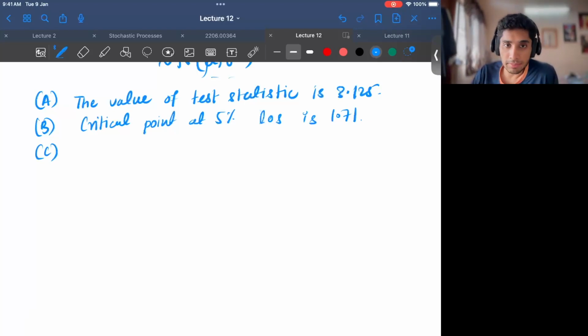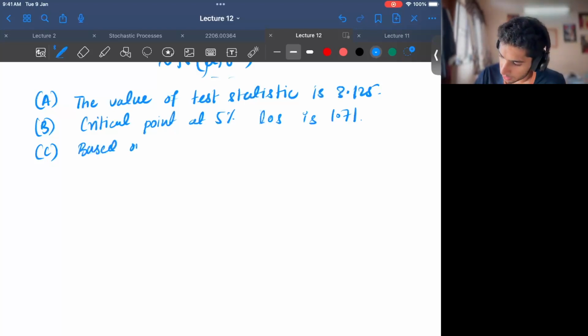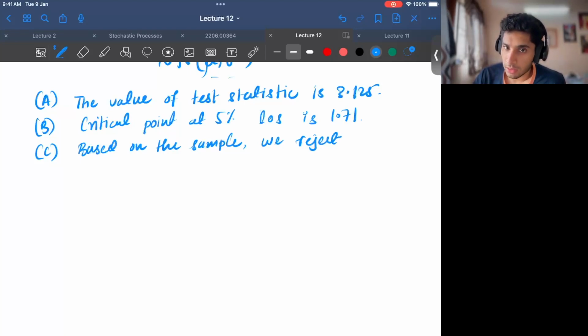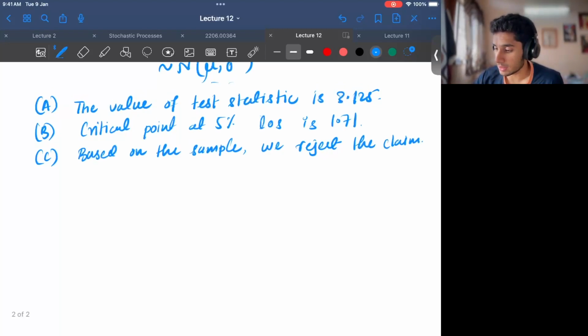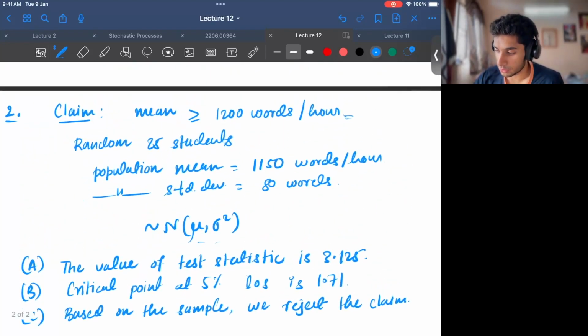Third statement is based on the sample, we reject the claim. So based on these statistics and the critical point, we should reject the claim of the business school, right?